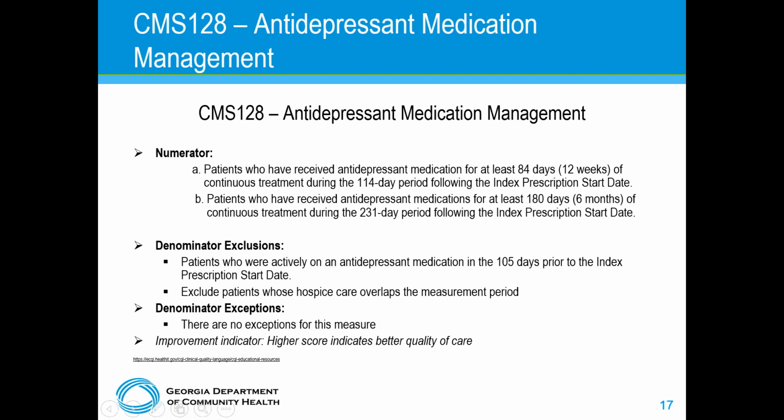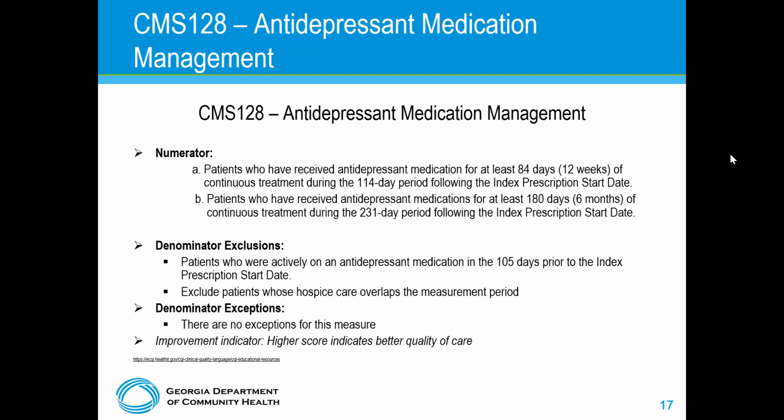This is the earliest prescription dispensing event for an antidepressant medication during the period of 270 days prior to the start date of the measurement period through the 90 days after the start of the measurement period. And all these numbers can be quite confusing, but the thing to remember is the measurement time frame is dependent upon that index prescription start date.